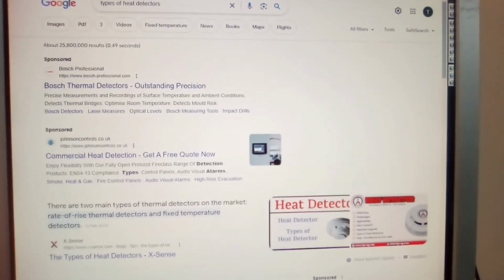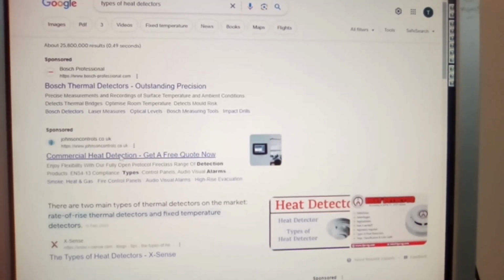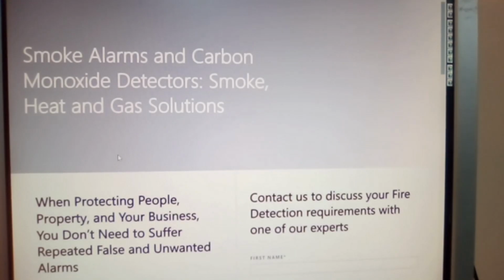Let's see what we can find on heat detection. Let's see what we have. Commercial heat detectors. Let me have a look and see what that comes up with.